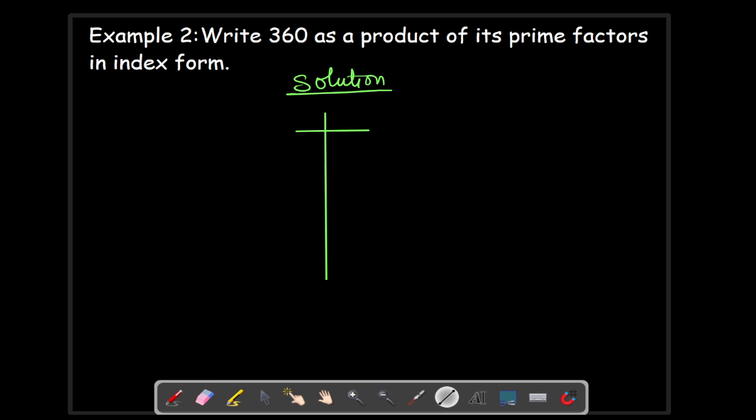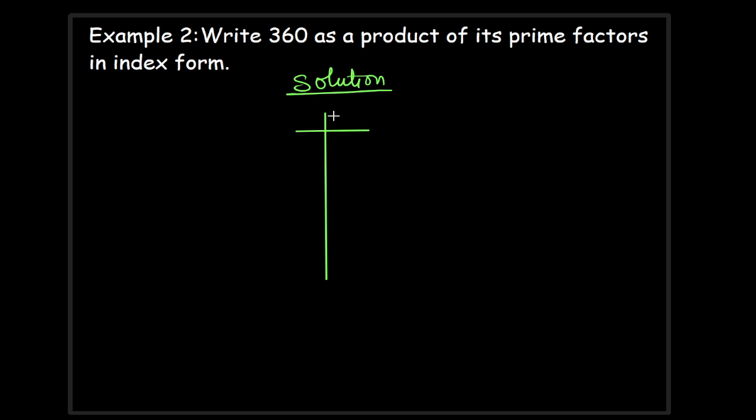So we have 360, and you can start with 2. 2 into 360 gives 180, 2 into 180 gives 90, 2 into 90 gives 45. And then we can use 5. 5 into 45 gives 9. 3 into 9, 3, and 3 into 3, 1.